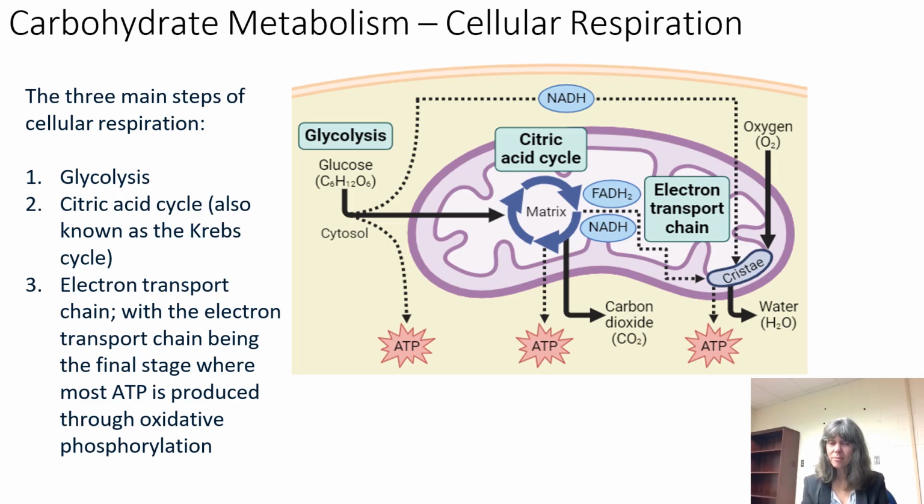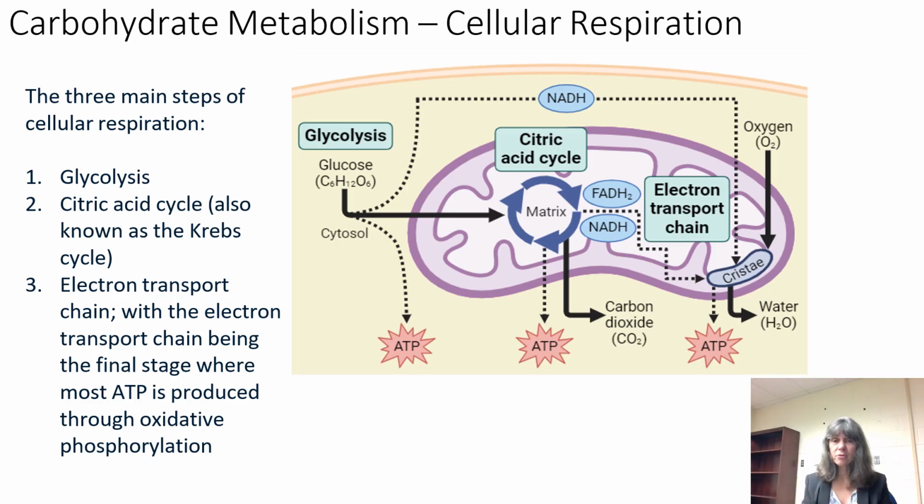You'll recall from AMP1 that the production of adenosine triphosphate, which most people refer to as ATP, is mostly performed in the mitochondria. You'll remember that the mitochondria is an organelle that has two membranes.